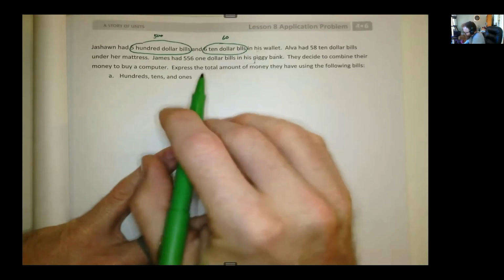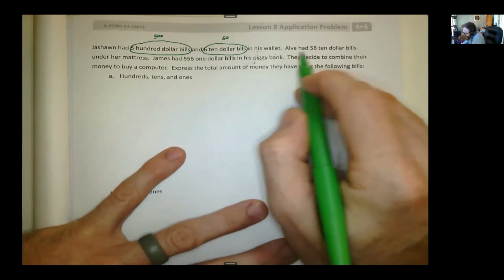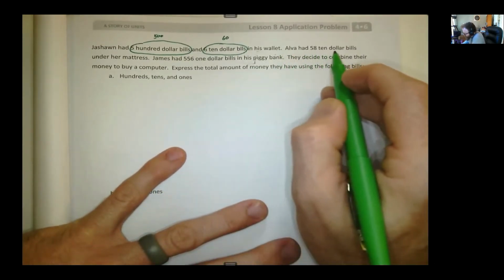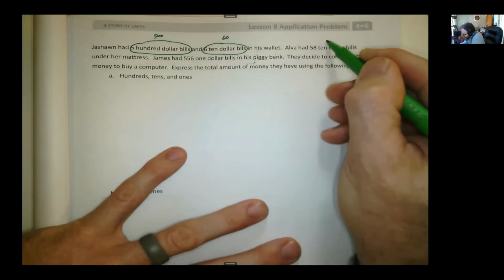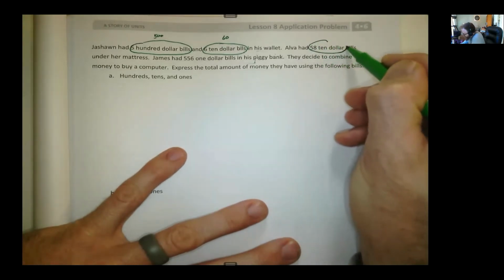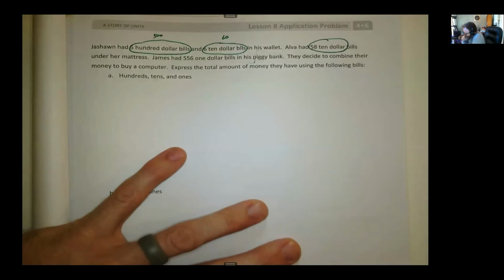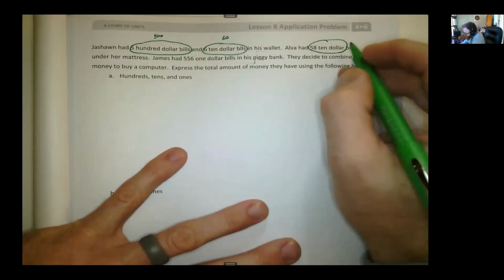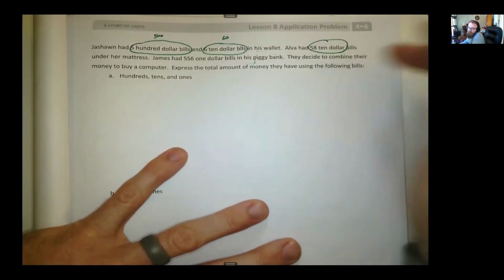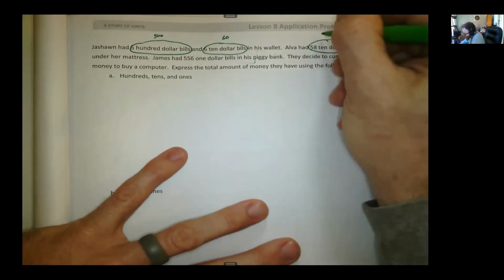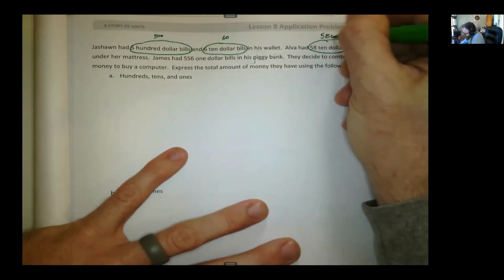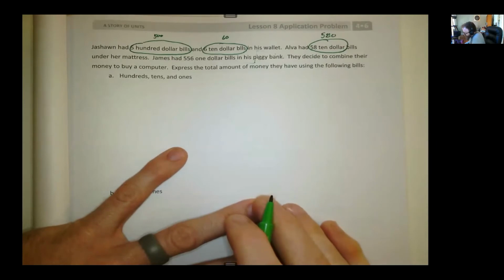In his wallet, Alva had 58 $10 bills under her mattress. If you were really feeling confident about your tens facts, you could tell us that that's going to equal 580. 58 $10 bills, 58 times 10 is 580.